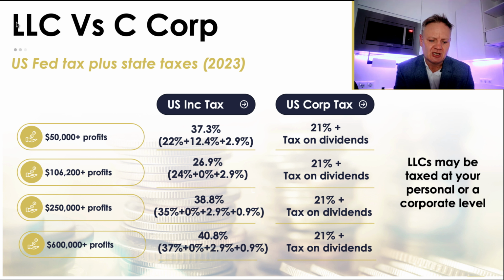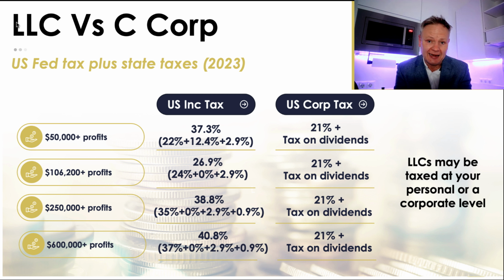That's because of 35% income tax plus 2.9% Medicare, but you then have this additional stealth Medicare tax of 0.9%. So that brings the total now to 38.8%. But it goes up again if you have profits of 600,000: the tax rate goes up to 37% for your income tax plus 2.9% plus 0.9%, which is 40.8%, which is substantial.